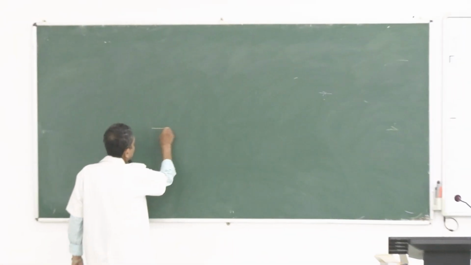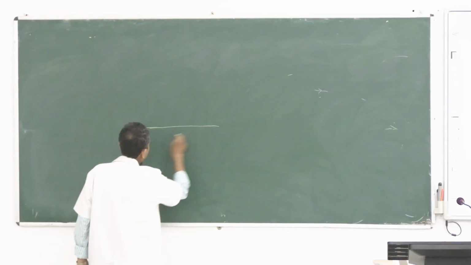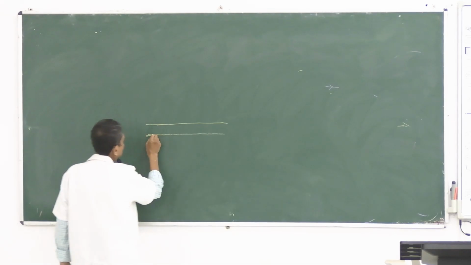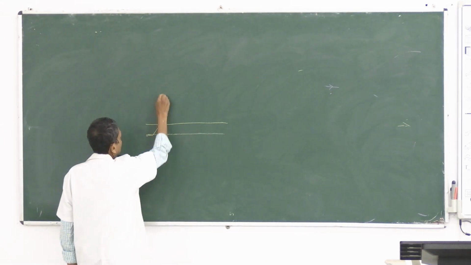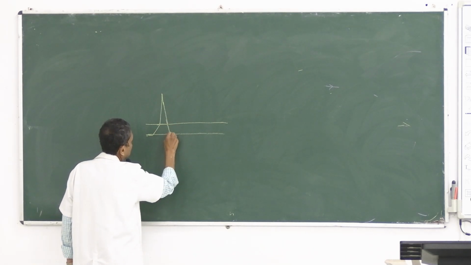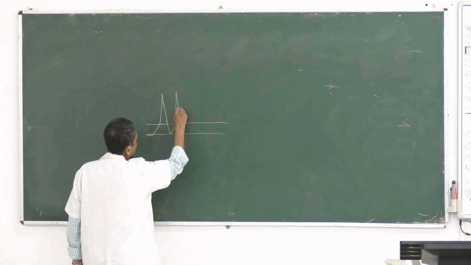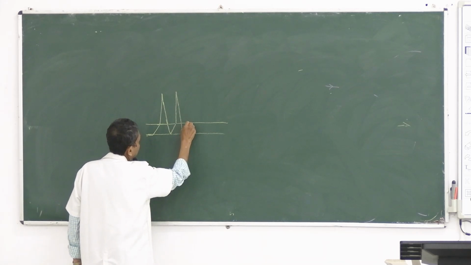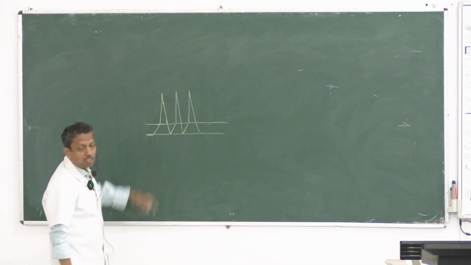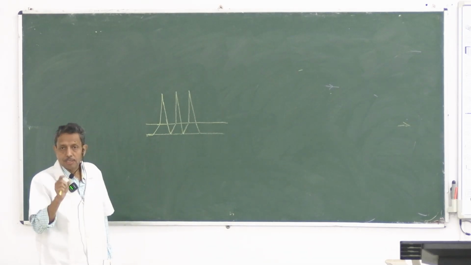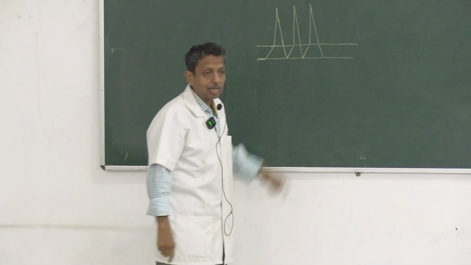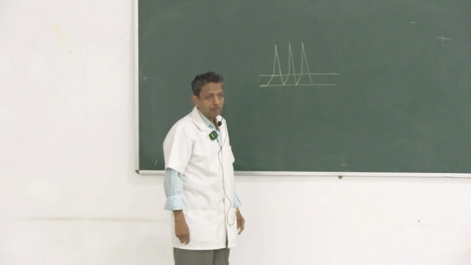This potential you can draw in this way. This type of potential can be seen in smooth muscle. They are slow processes, but similar to the pacemaker potential in cardiac muscle.